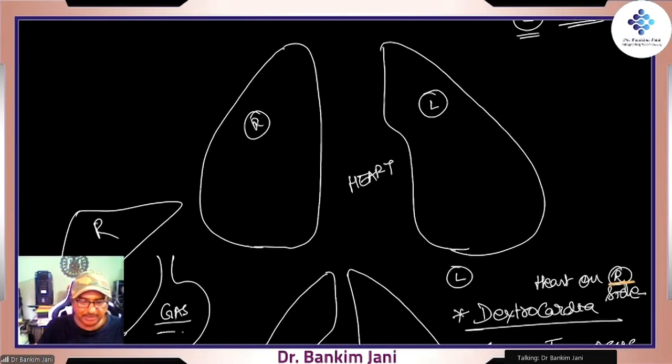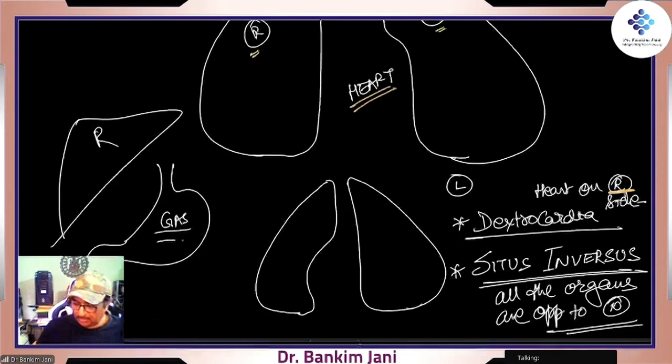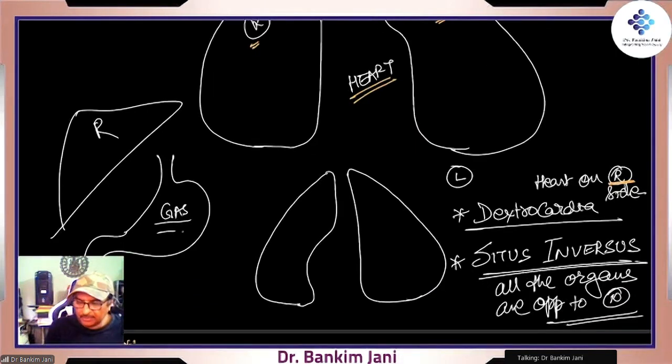Onto the lungs. This is the basic layout. This is the right lung and the left lung. The heart is in between. When the heart is on the right side, that is called dextrocardia. Things will look something like this, and you can see this when we watch certain X-rays.